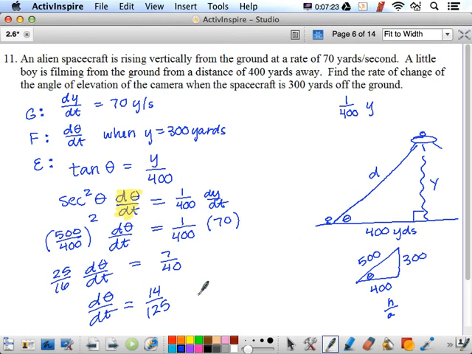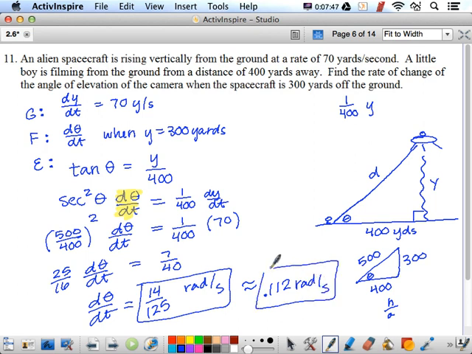So it's going to be radians per second. Give that to me as a decimal as well. 0.112. Yes, so we could do either one. 0.112 radians per second. So the trig functions are not as bad as they seem. They're just based off of SOHCAHTOA and a right triangle situation.